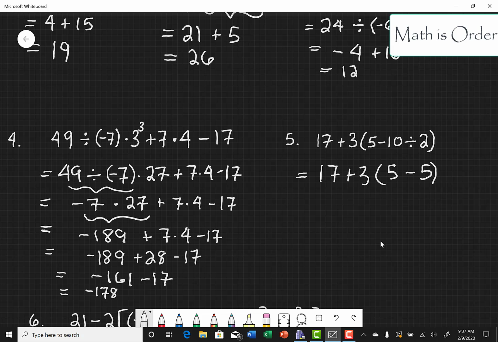And next, we still got to simplify inside those parentheses until we get a single number. So rewrite all of the other parts of the expression. 5 minus 5 is 0. We could see that 17 plus, now 3 times 0 is 0. And this gives us a final answer of 17.